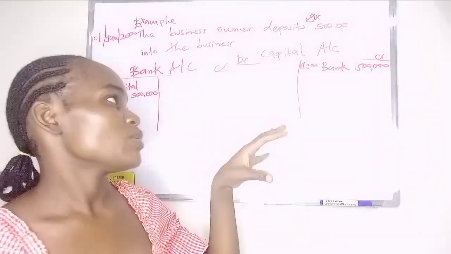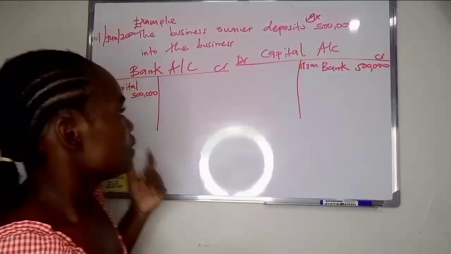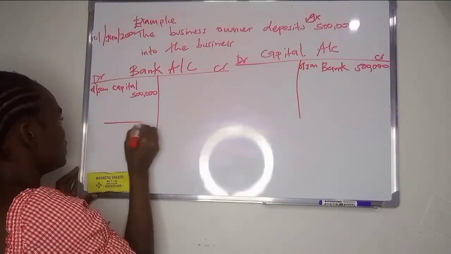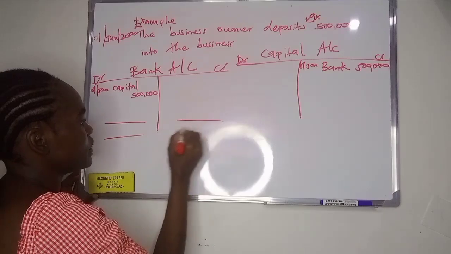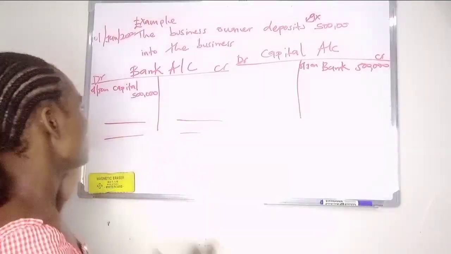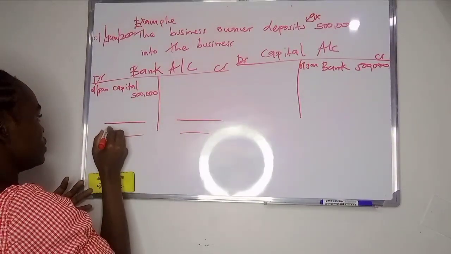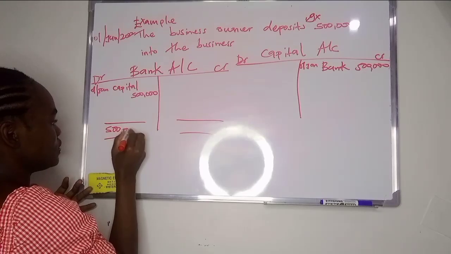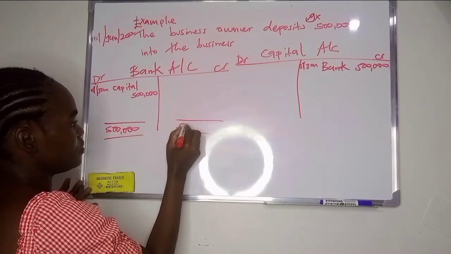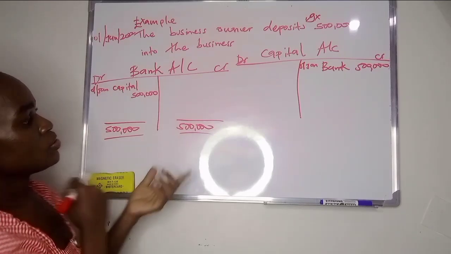So the last thing you're supposed to do is to balance. So how do you balance? Here you look at the bigger side. You get the bigger amount and put it on both sides. So this side has 500, this side has 0. So here we put 500, here we put 500.